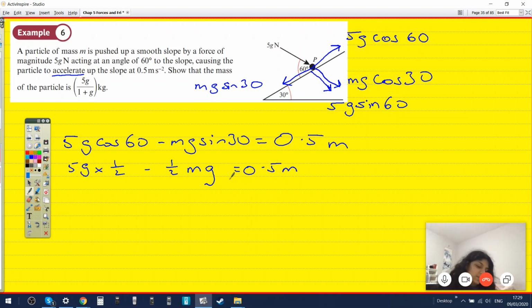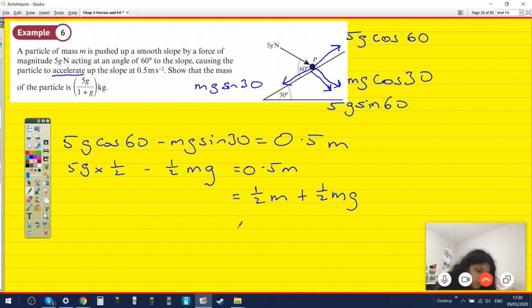I don't know how to do this question. Make m the subject. I tried that. Did you bring this one over to this side? It basically gives you fractions because it's all over half.